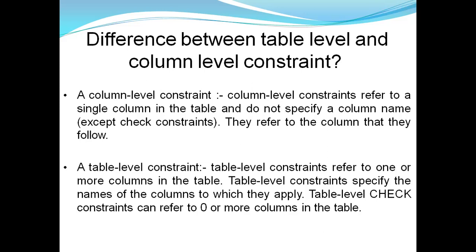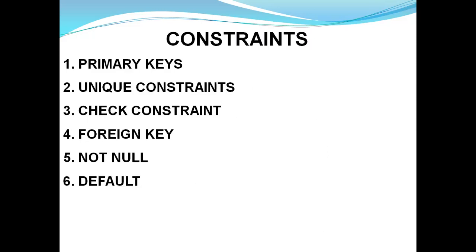But in a table level constraint, we give the name of the column, so it can refer to one or more than one column. Now, there are certain types of constraints: primary key, unique, check, foreign key, not null, and default. We'll talk about all the constraints, starting with the primary key.